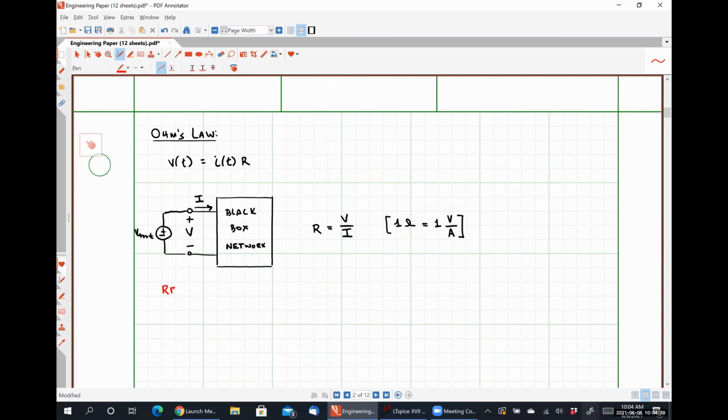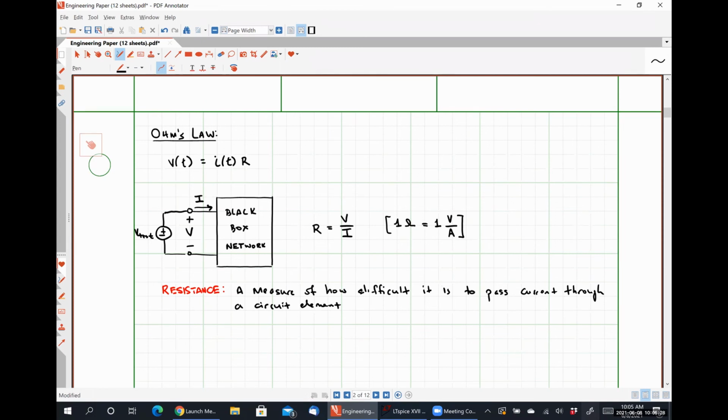Resistance is a measure of how difficult it is to pass current through a circuit element.